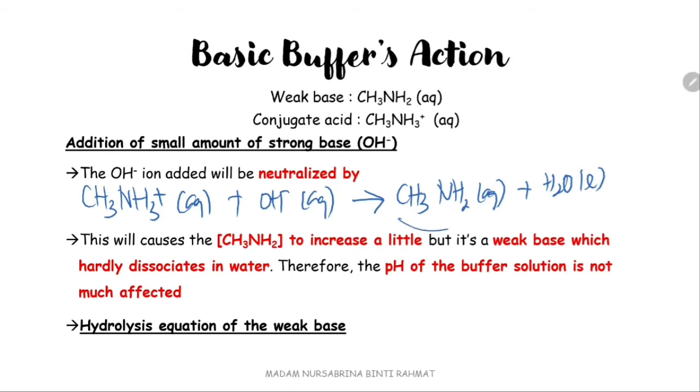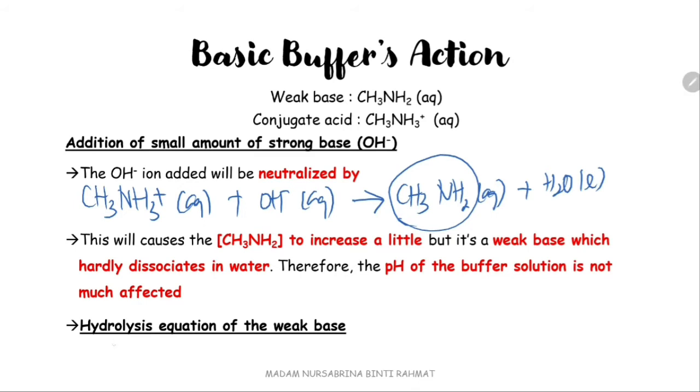However, this weak base is a very weak base. Therefore, it will not dissociate more in water, or it's very hard to dissociate in water. Thus, the concentration of OH minus does not increase. Therefore, the pH does not change very much.